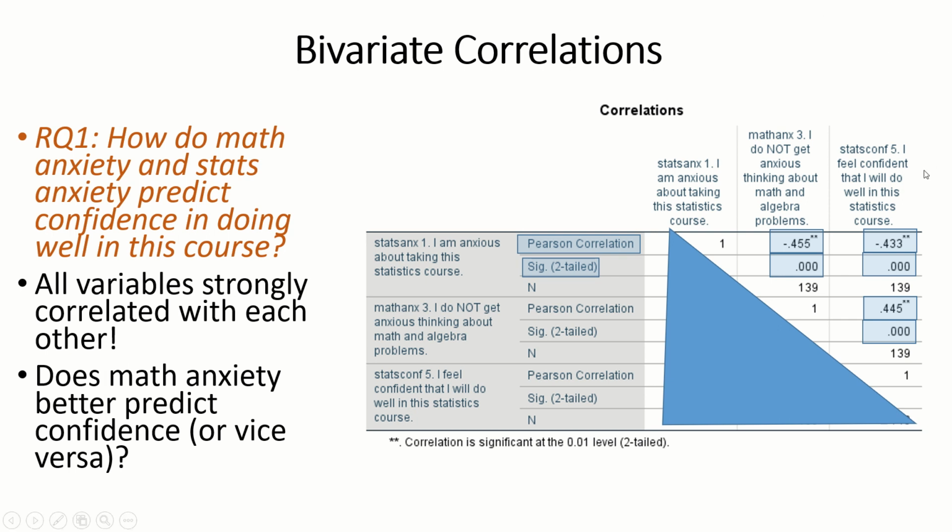At first, you might think math anxiety has a slightly higher numerical correlation, just in terms of absolute value, 0.45 versus 0.43. That's negligible here. It is possible math anxiety may win out. It is possible that stats anxiety may win out, or maybe a draw. Maybe both of them will uniquely, significantly predict our outcome. We'll have to see.